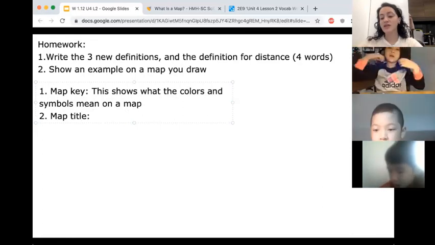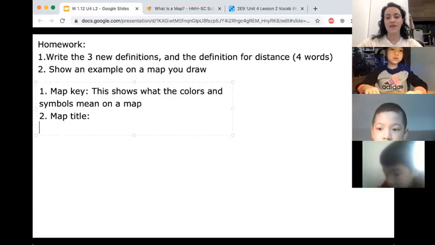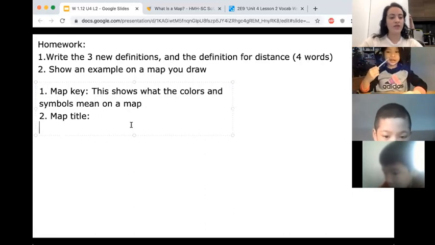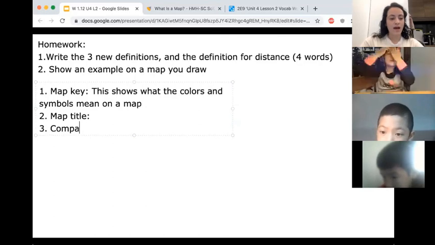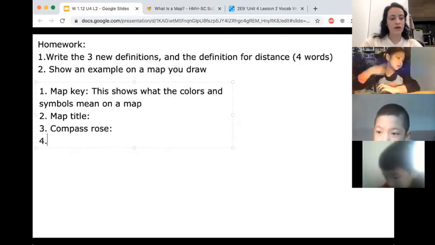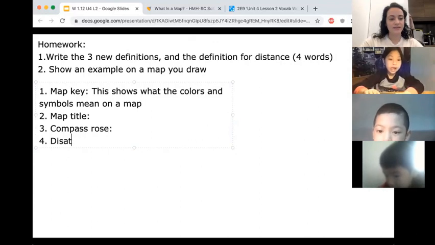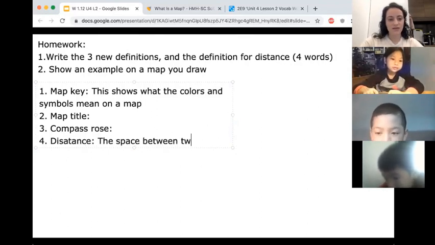Matthew, please save questions for the end, okay? 2, map title. 3, compass rose. 4, distance: the space between 2 things.